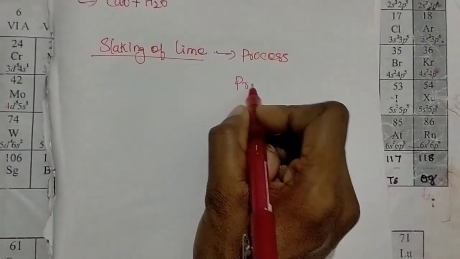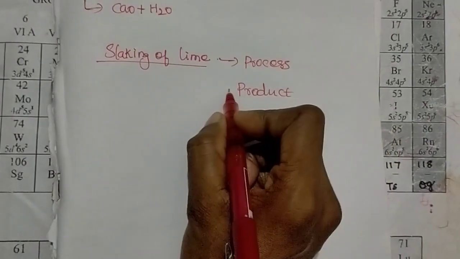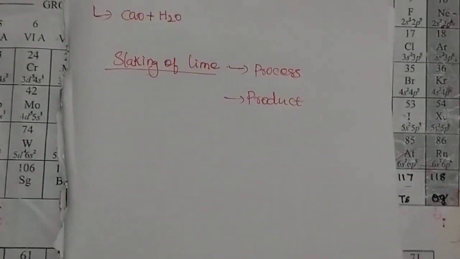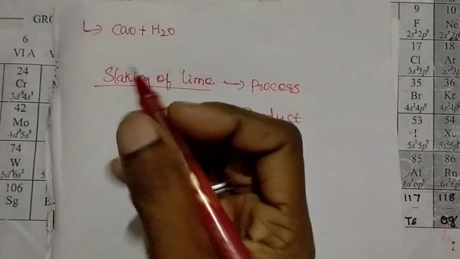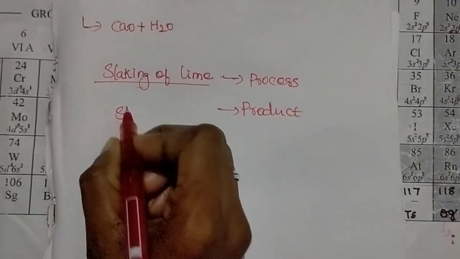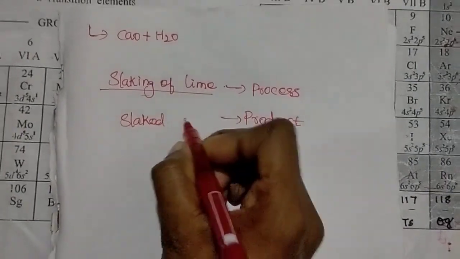The product of this slaking of lime reaction is called slaked lime.